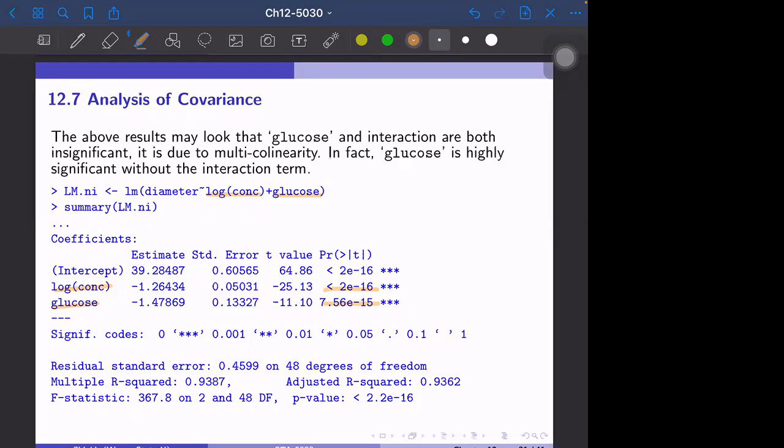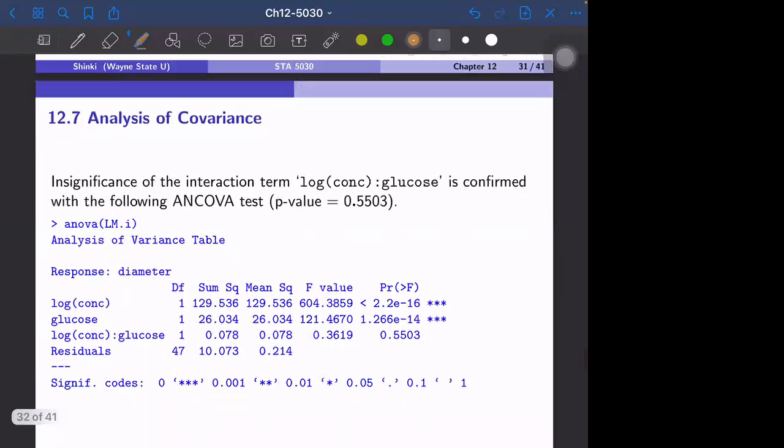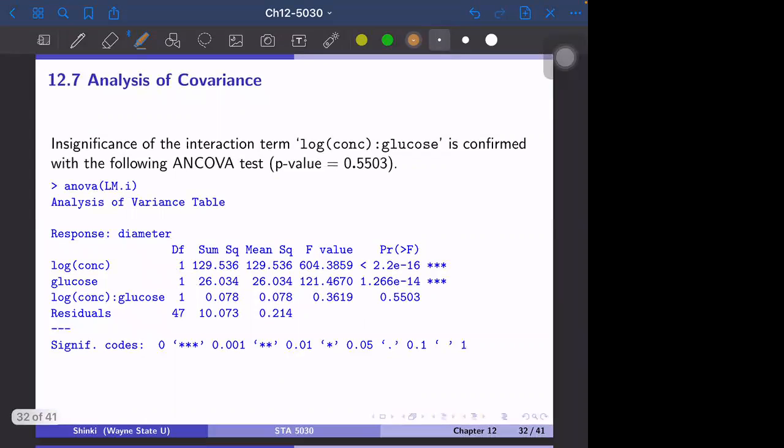But in reality, glucose is a useful variable. Finally, we want to test if this interaction is significant or not. As you can see, after introducing the two variables, the log of concentration and the glucose, this interaction is not significant because the p-value is large enough.